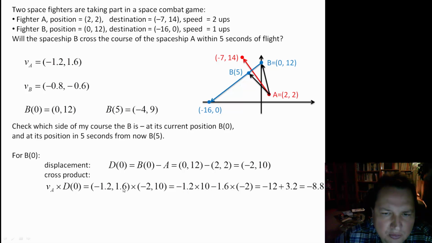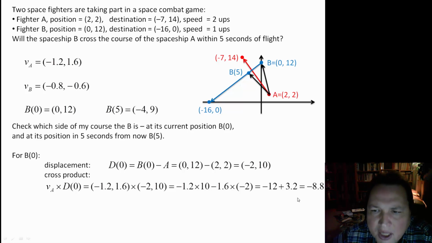Minus the product of the inner numbers, 1.6 and -2. So it's -12 from here, minus -3.2. Two minuses give a plus, so it's -12 plus 3.2, it's -8.8.